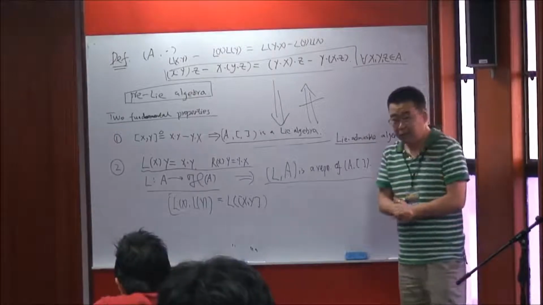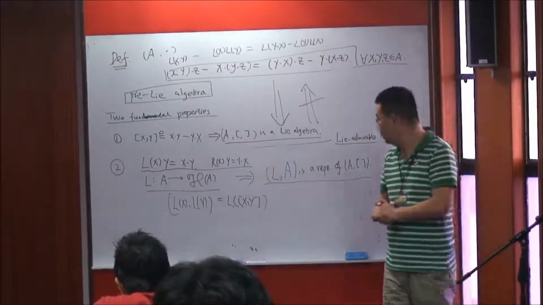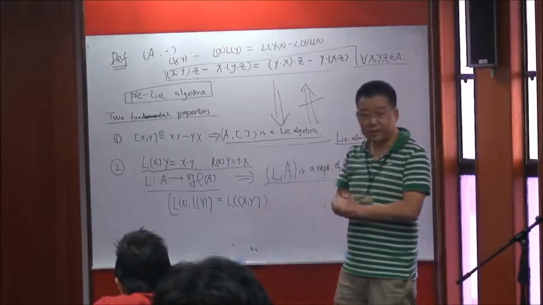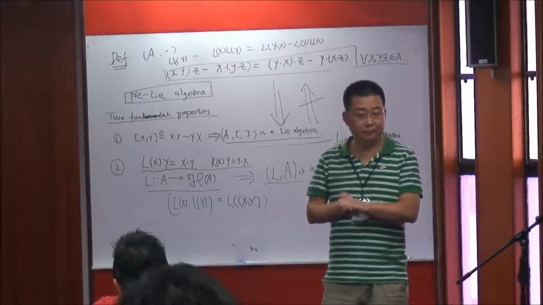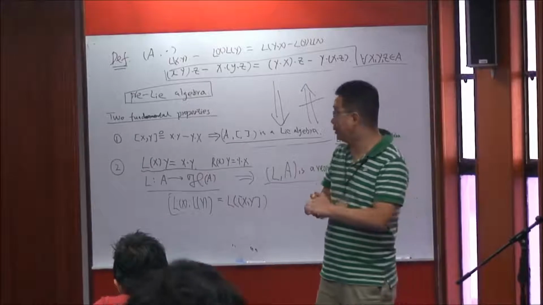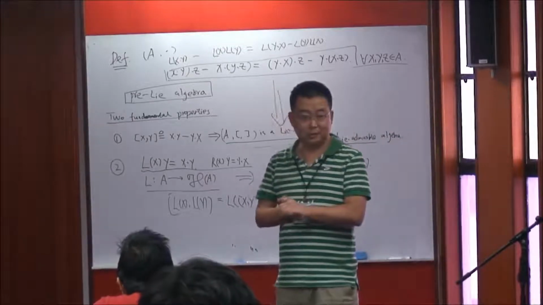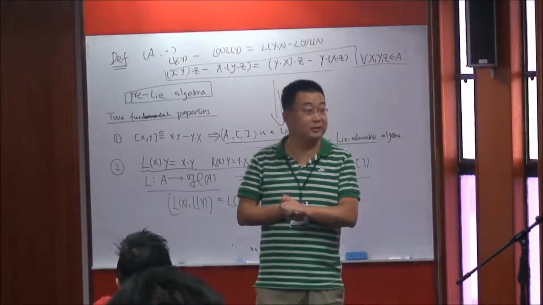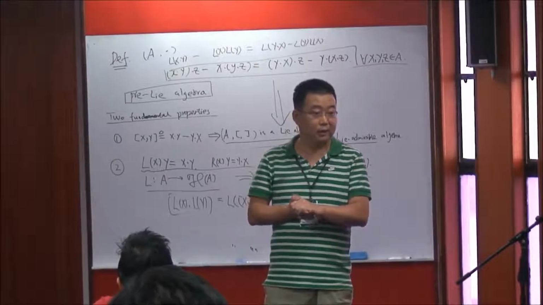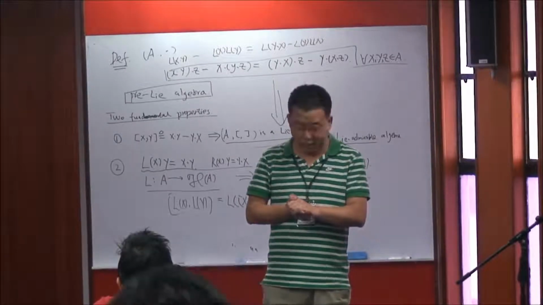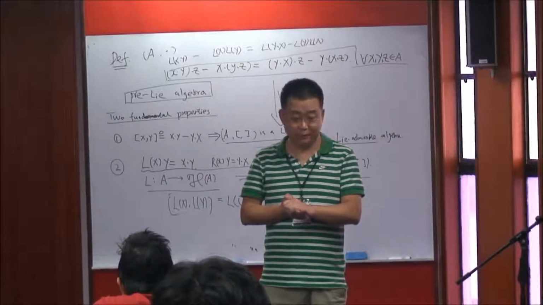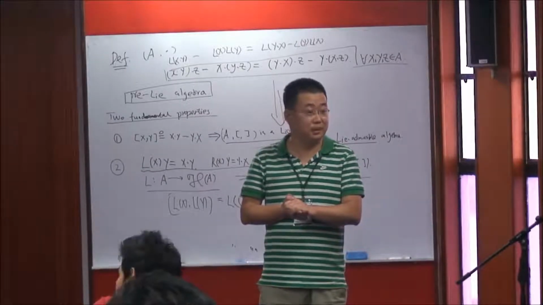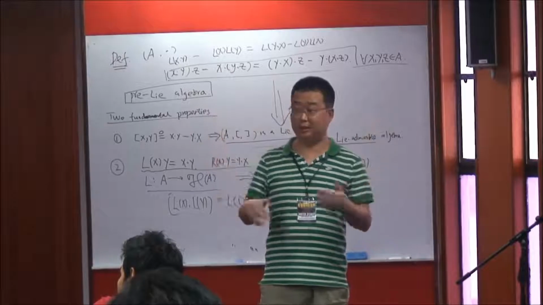There are several reasons. When we studied Lie algebras, I think most of you should know something about them. One of the important roles of Lie algebra is the representation theory. But unfortunately, usually we only know the representation theory for, for example, the simple Lie algebra, with the highest weight or some character.